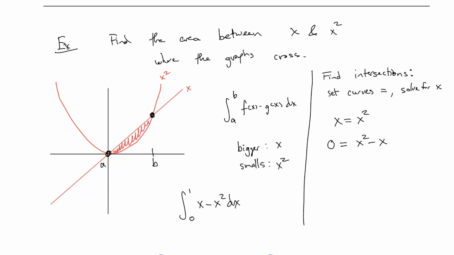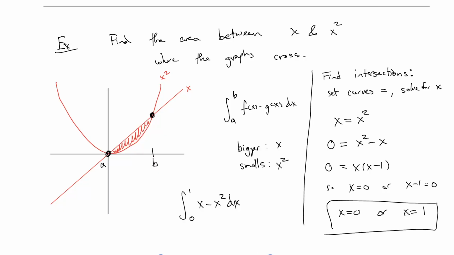To factor x squared minus x, you could just factor x out. And now that is a factored polynomial set equal to 0. That means that either the first one is 0 or the second one is 0. So x equals 0 or x minus 1 equals 0, which means x equals 0 or x equals 1. Those are the 2 points.